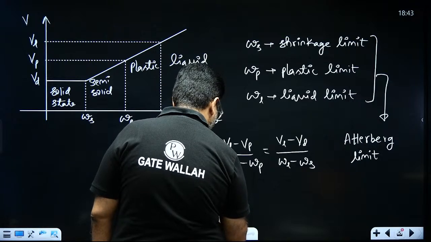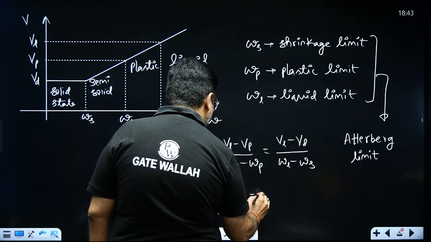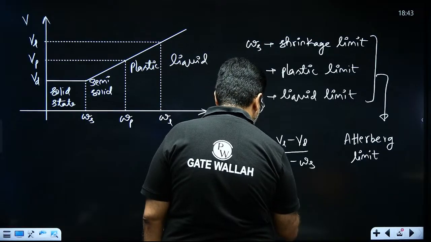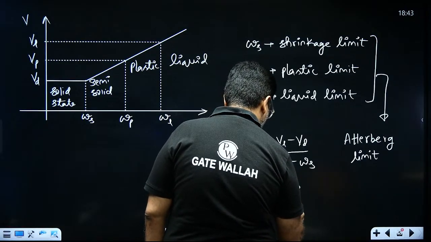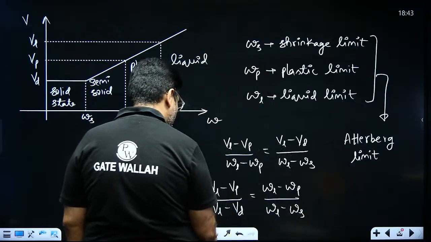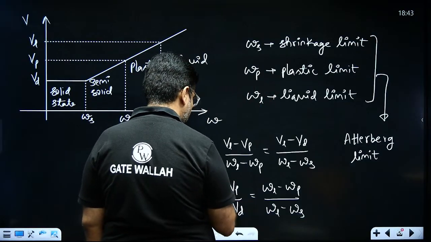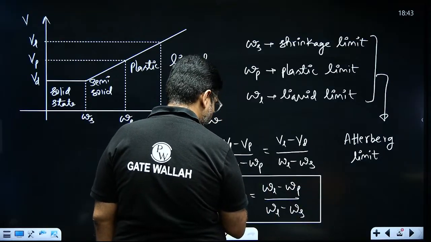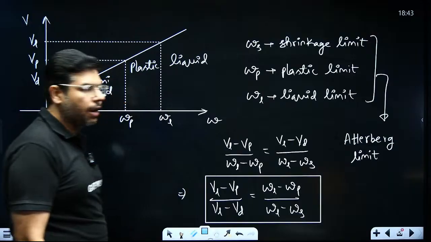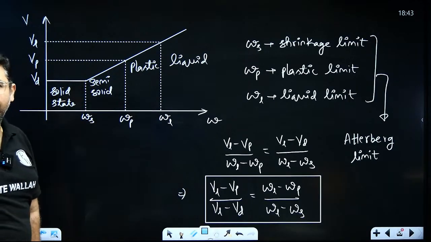If any unknown is there, we can find the unknown using this formula, and you do not have to remember this formula. It just comes from the slope of the straight line, right? Got it?